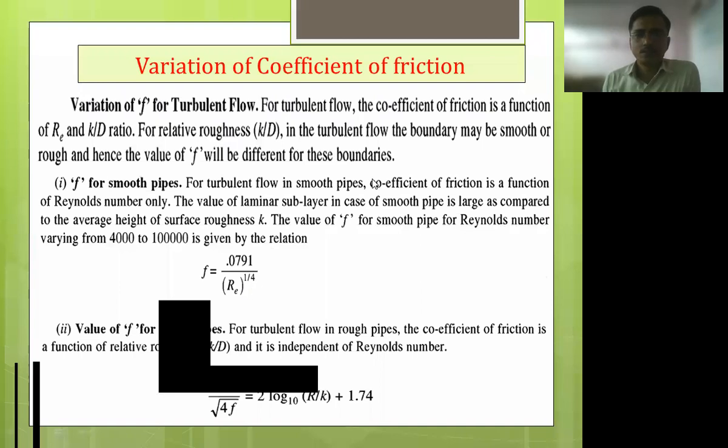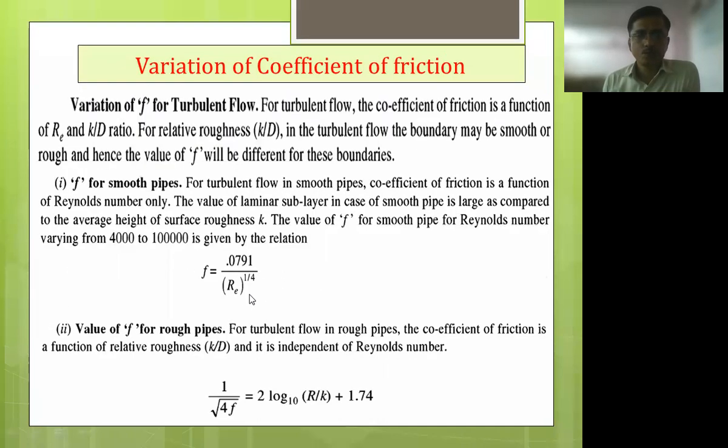So here, this coefficient of friction, it can be found by using these two formulas. If the flow is turbulent, त्याच्यामध्ये परत जर पाईप स्मूथ असेल turbulent flow मध्ये, in that case we have to go for this formula to find the value of f.